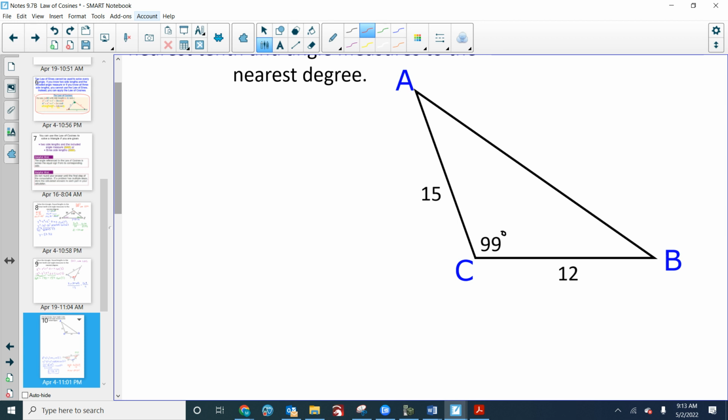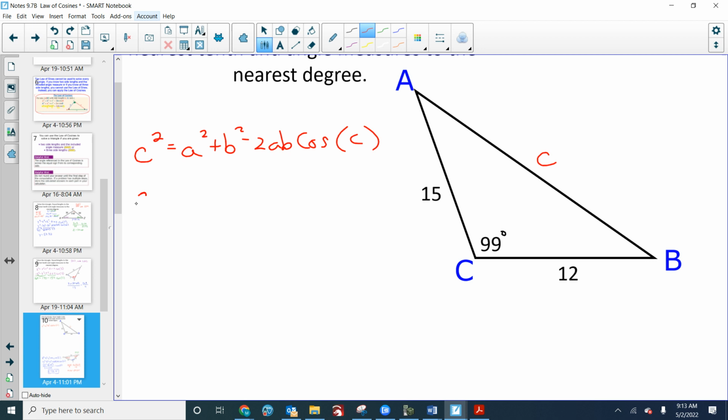Why do we find that one first? Because you have the angle. So the C goes here: C squared equals A squared plus B squared minus 2AB cosine of C. And remember, this one, you don't need a cosine inverse, right? Because we're trying to find the side.